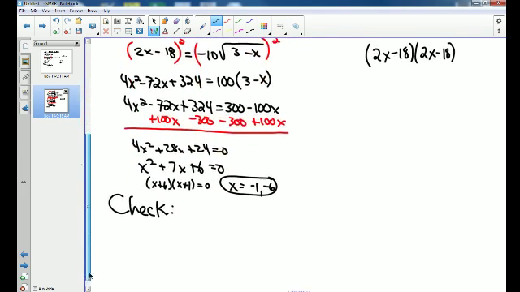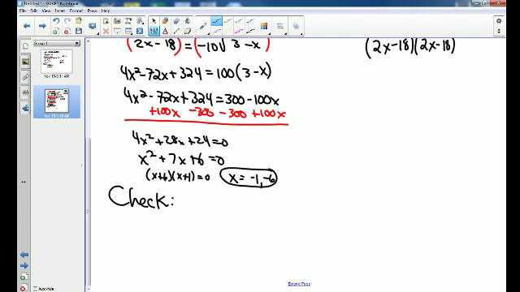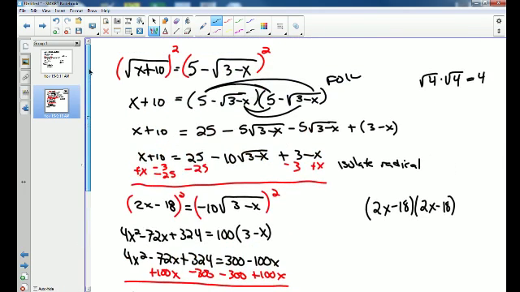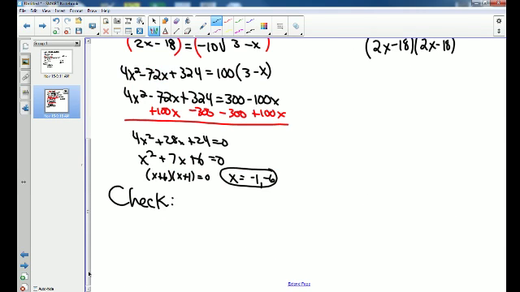And then about -6. Wait, how'd you get 2? The 6 minus the 4, and you divided it by 2? This is 2.